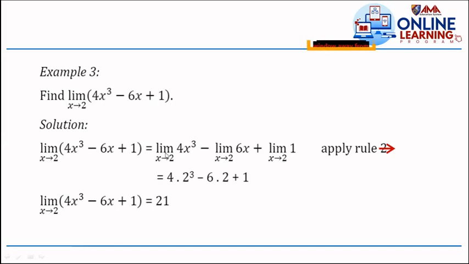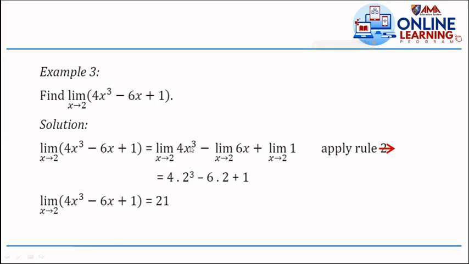Kaya yung x raised to 3, instead, we are going to expand that: limit x multiplied by limit x multiplied by limit x. We can go directly substituting our limit sa variable po natin. So, we have 2 raised to 3.